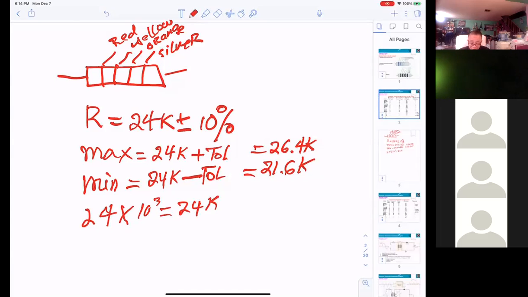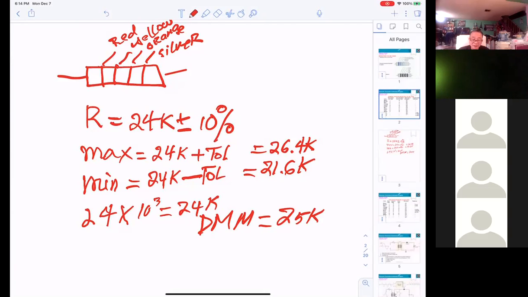Okay, so the maximum value that can be accepted will be 26.4K, and the minimum value will be 21.6K. Now the question is, if a DMM measures 25K, will it be inside the tolerance or out of tolerance?